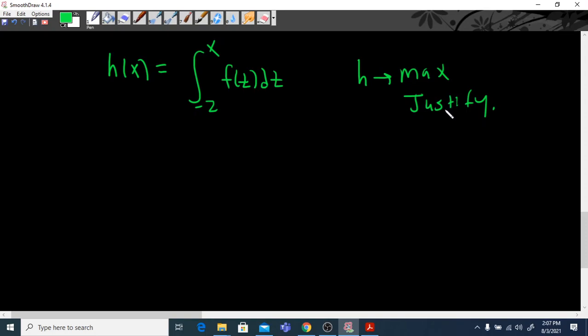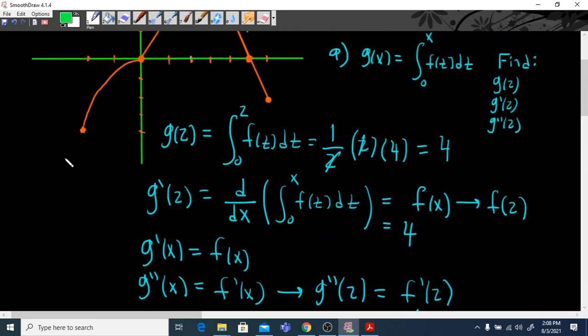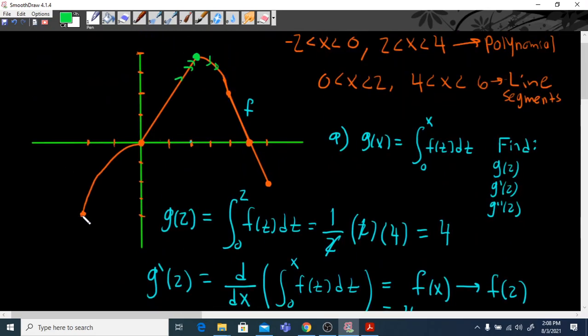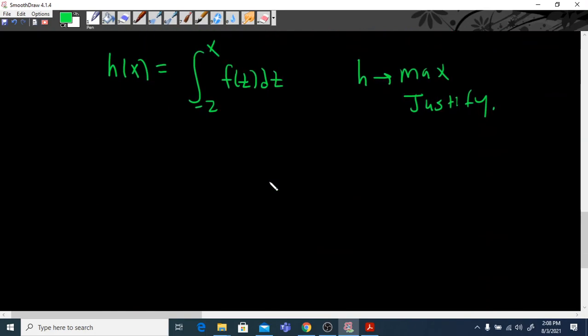Okay. So a few things to consider here. There's no restrictions on anything. So anytime we're doing a max or a min, if there are no restrictions, we have to consider endpoints. So here's an endpoint at -2, and here's an endpoint at +6. So let's do that.